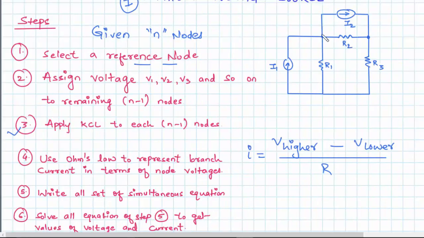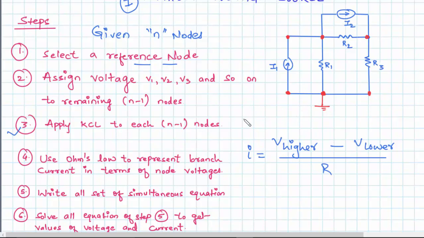So the first step is to select the reference node. Before that, let me just mark all the nodes. So these are the nodes we have in the circuit. And I'll take this node right over here as the reference node. So this node is taken as the reference node, and all other voltages will be calculated with reference to this reference node.